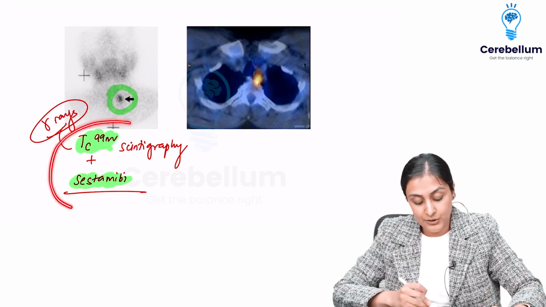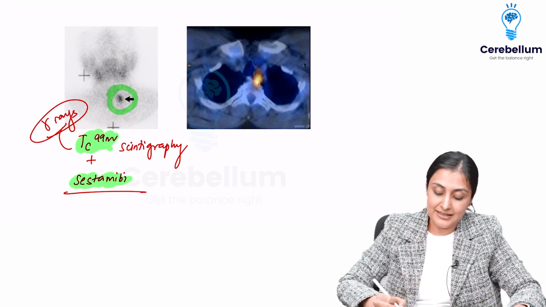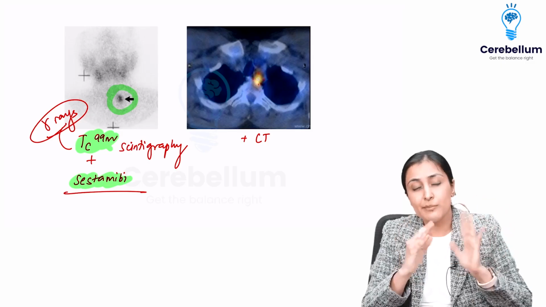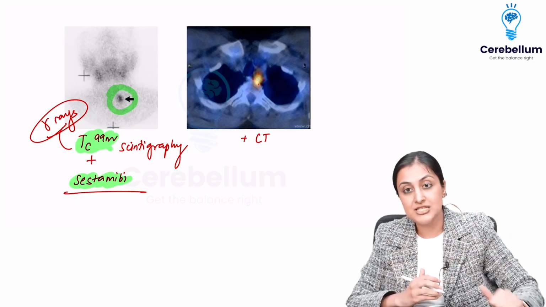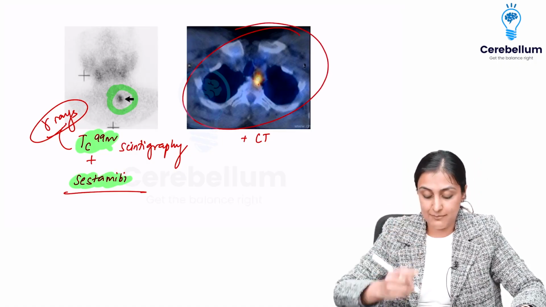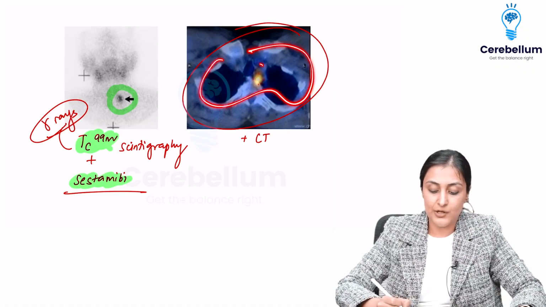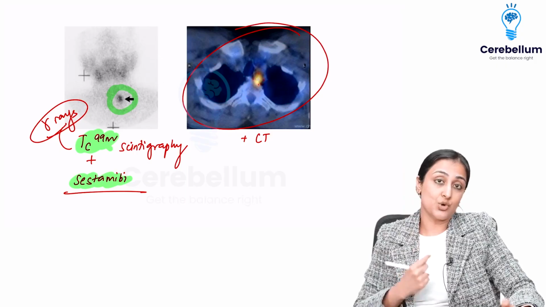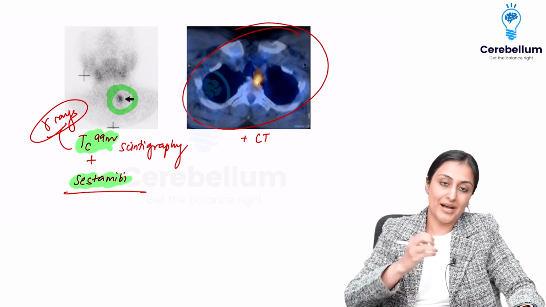Same thing, I give technetium sestamibi and now I do a CT scan along with the gamma camera. There is a gamma camera with a CT scan. Now I can get a 3D localization, isn't it? I'm also seeing a CT in the background along with that hotspot. So now I know the exact site of where this parathyroid adenoma is.